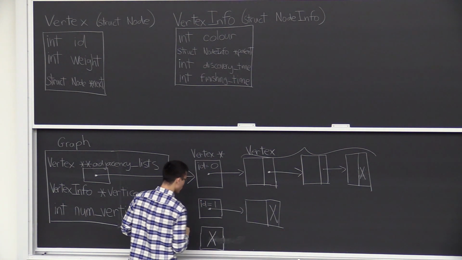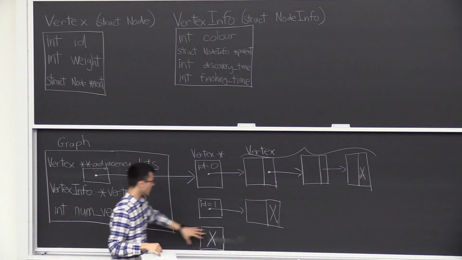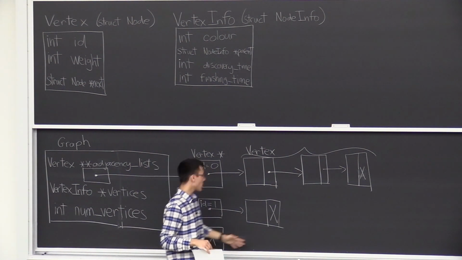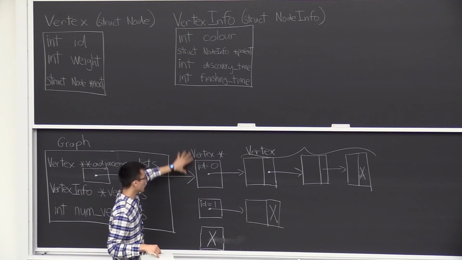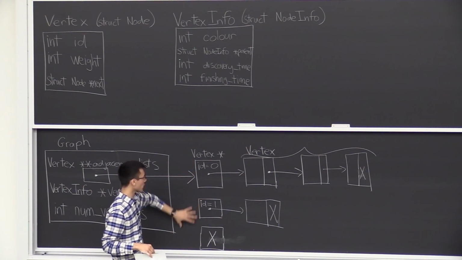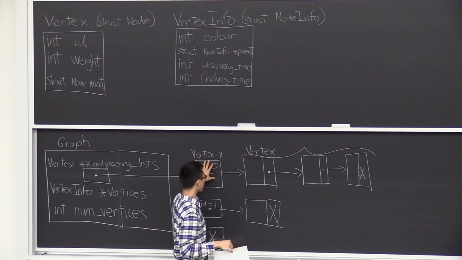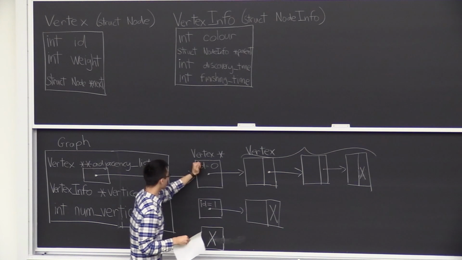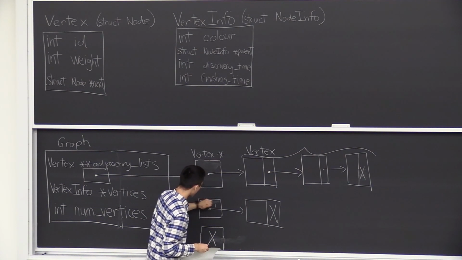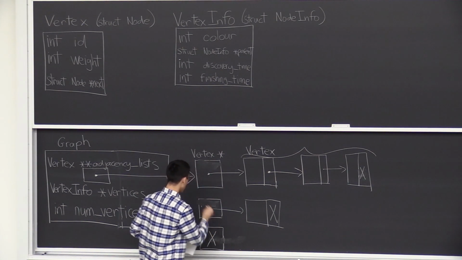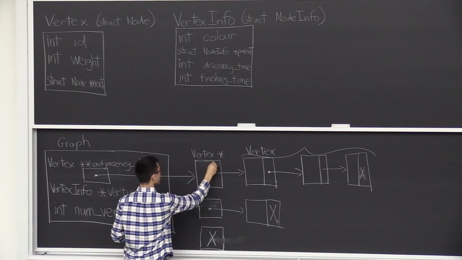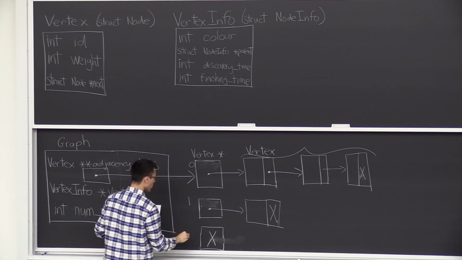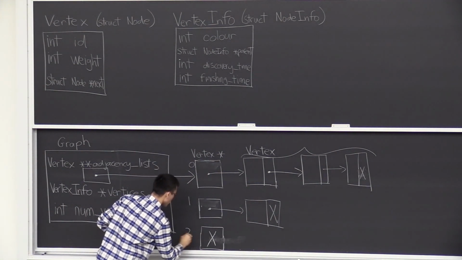Technically this is a pointer to whatever would be connected to it. But by the position of this, it corresponds to which vertex is connected to all of the neighbors here. So, to be more precise, this doesn't actually have ID equals 1, ID equals 2. Let's just label the indices of where these guys are. So this is the 0th one, this is the first one, and let's say that this is the second one.